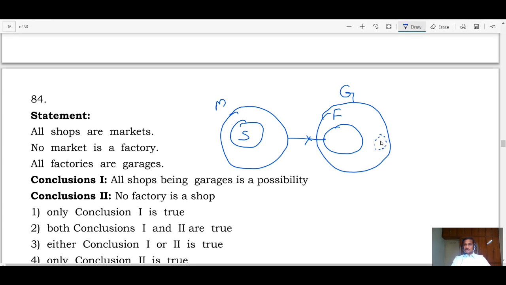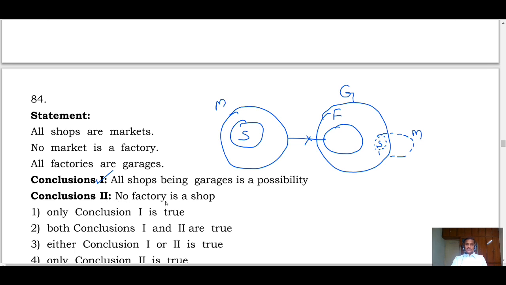And is it possible to write shop like this? If you write shop like this, then what happens here? All shops are markets, so market will also come along with this one. Though market comes along with this one, the statement is valid because no market is a factory. Market and factory are not intersected. Hence it is possible. Then next one.